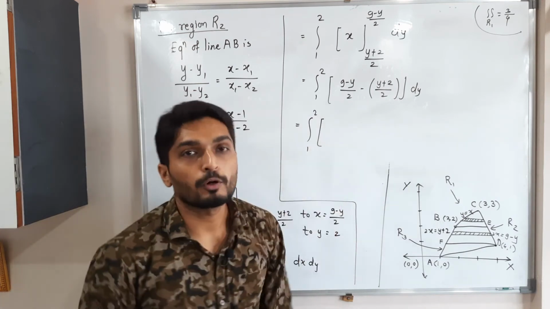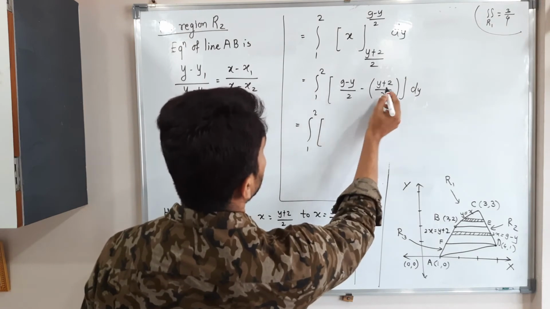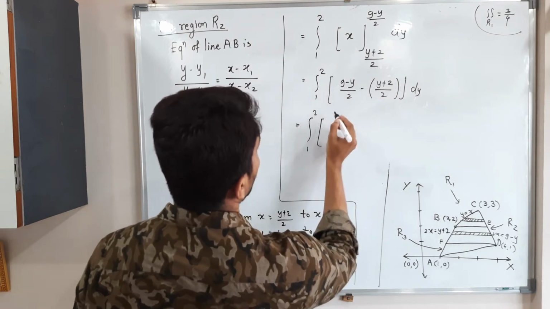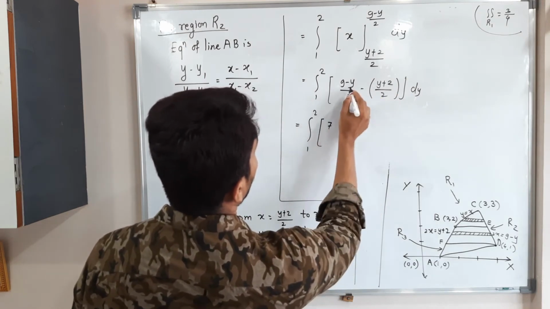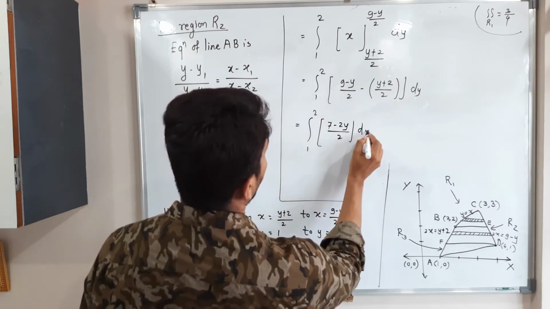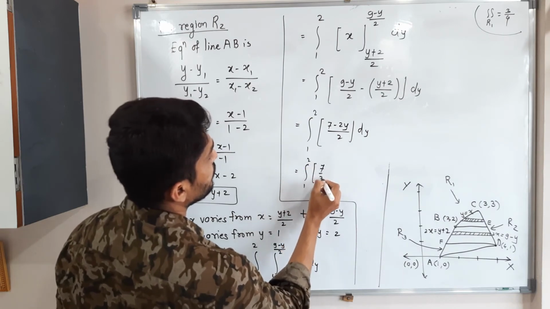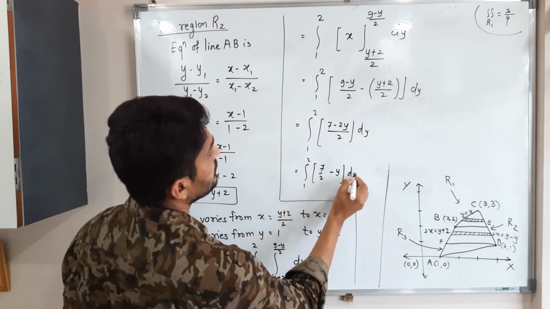Both have the same denominator, so you can easily subtract. So 9 minus 2 will have 7, and minus y minus y is minus 2y, divided by 2, dy. After that, I will divide separately: the integration from 1 to 2 of (7 by 2 minus y) dy.